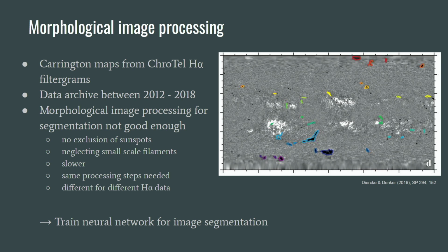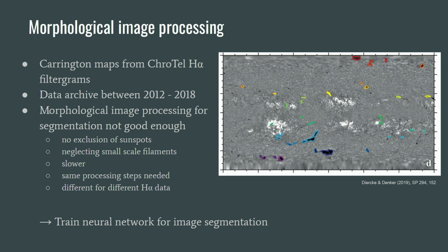This caused the problem that I was also neglecting small-scale filaments, which was okay for this study, but in general, when I want to do some statistical analysis of filaments on all scales on the sun, then I also want to include the small-scale filaments, which I neglected here in the morphological image processing.